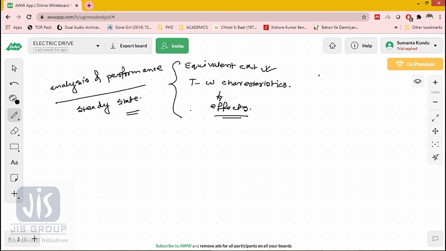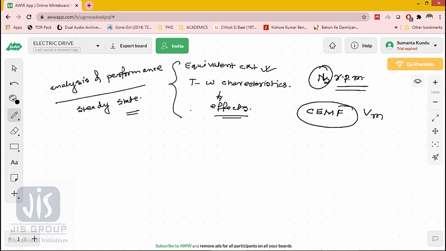That means the rotating flux is rotated at synchronous speed ns rpm. Okay, now due to this production of synchronously rotating air gap flux, there is a production of counter EMF, CEMF, VM.